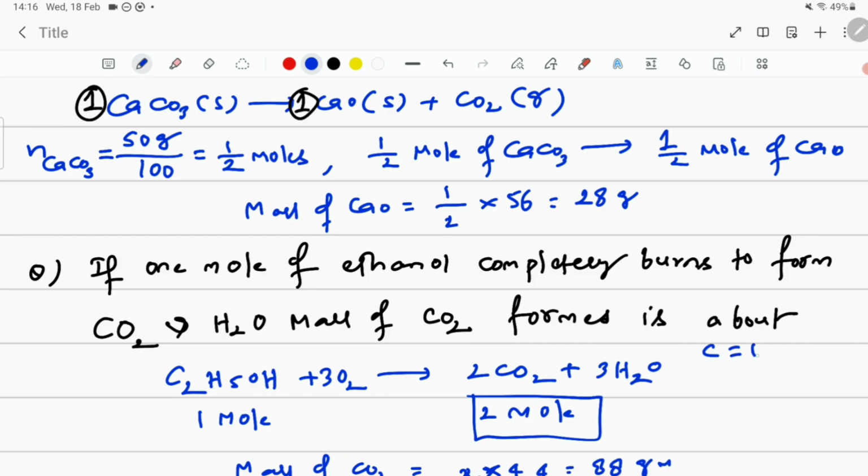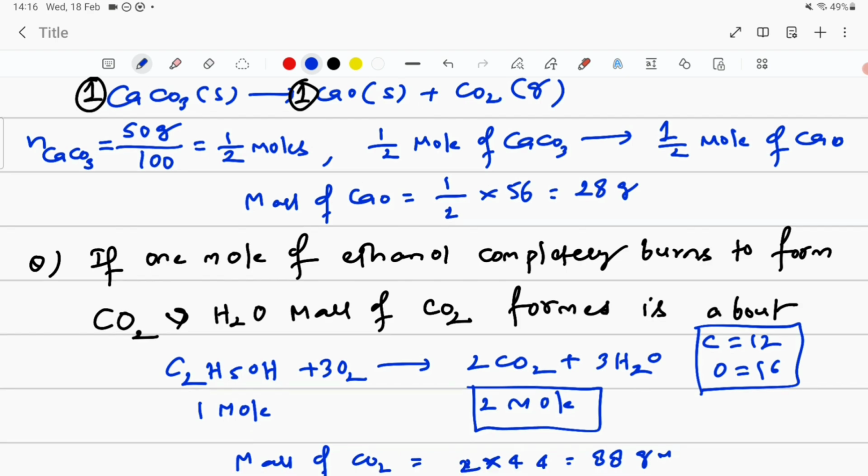Here carbon is 12, oxygen is 16, by which you can find the molecular weight. 88 grams is the answer. According to the stoichiometric coefficient, 1 mole of ethanol gives 2 moles of CO2, and the same we did in the calculation here. If any doubt, pause the video, observe it and move further.